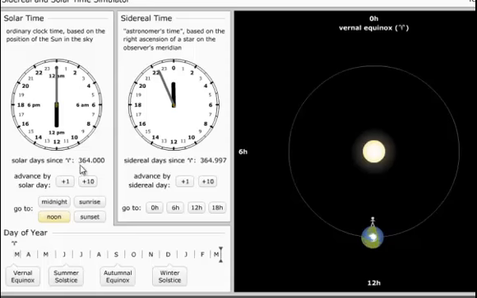So notice here, this would be 365.25 days to make one full orbit, while the number of rotations is actually exactly one more, 366.25 rotations. That's where the sidereal time comes in, where you keep adding 4 minutes every day, respectively. That's the difference between the two.